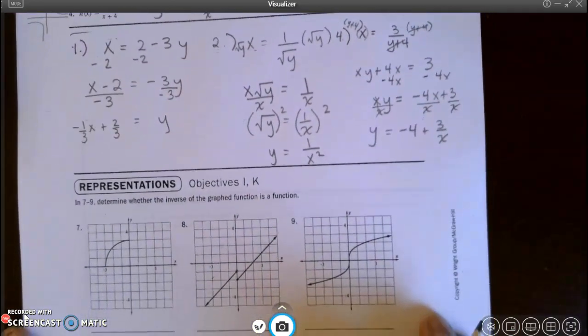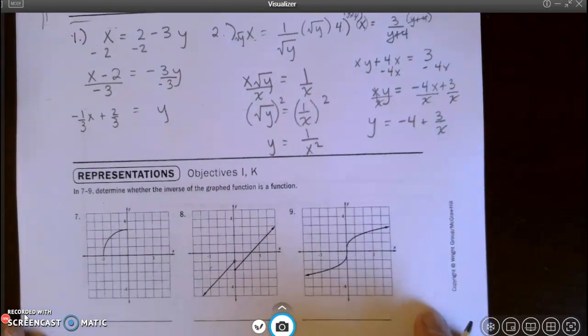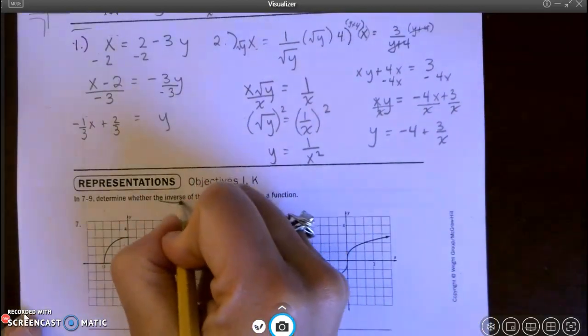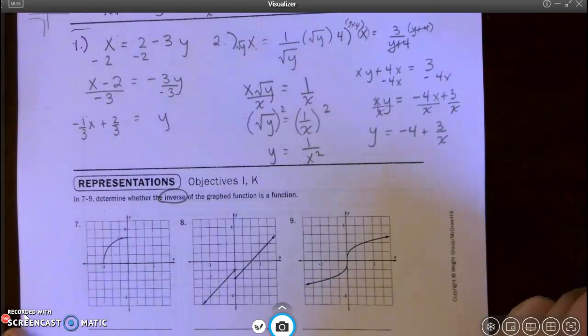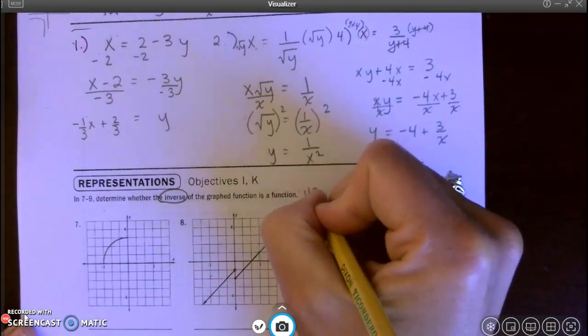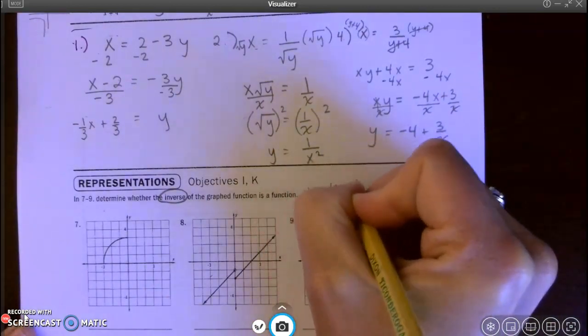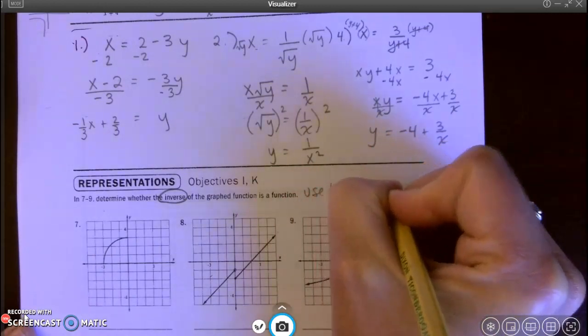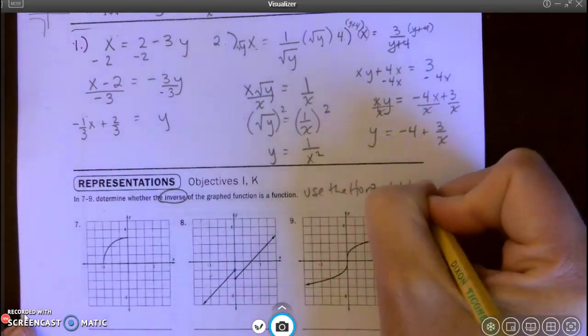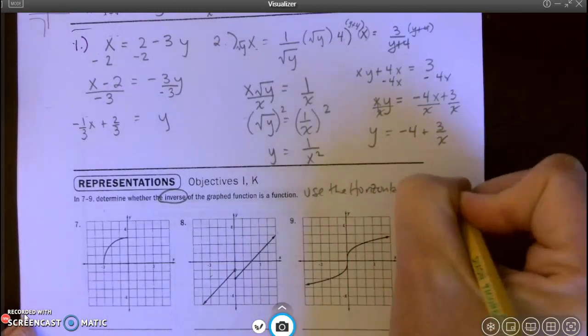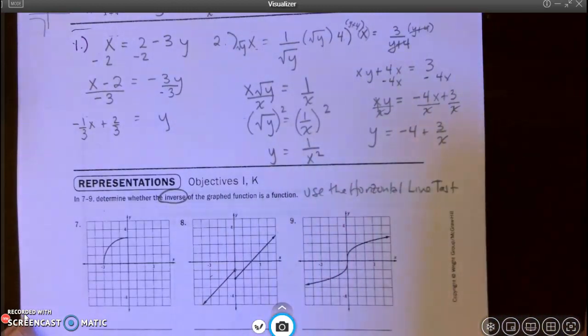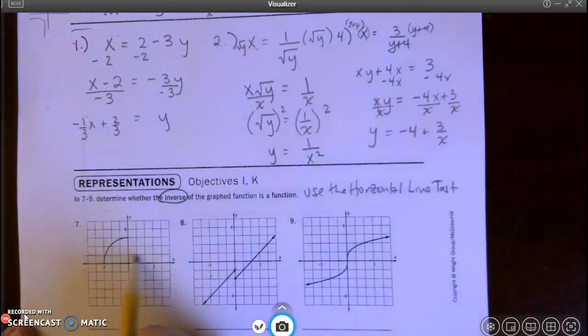Right. The next part down here, determine whether the inverse of the graphed function is a function. So I'm going to use the horizontal line test because these are the originals. So I can predict about the inverse. Does this pass the horizontal line test? Yes. So the inverse would be a function.